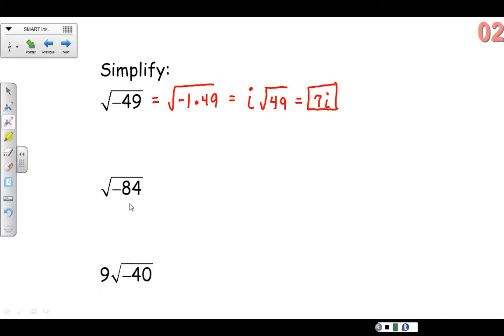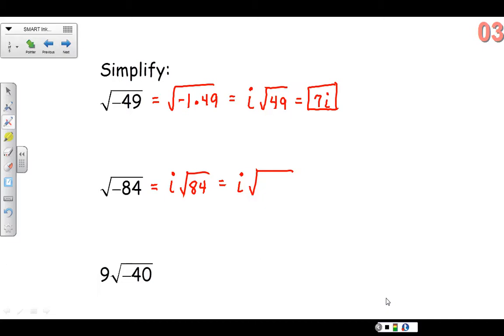Let's try this next one, the square root of -84. We're going to simplify the square root of 84 just like we always have, but we're just going to add the I to it because of the negative. So I will come out front, taking care of the negative, and then we have the square root of 84. Now I want to break down the square root of 84. We need to find a perfect square, hopefully the largest one, that will divide 84.